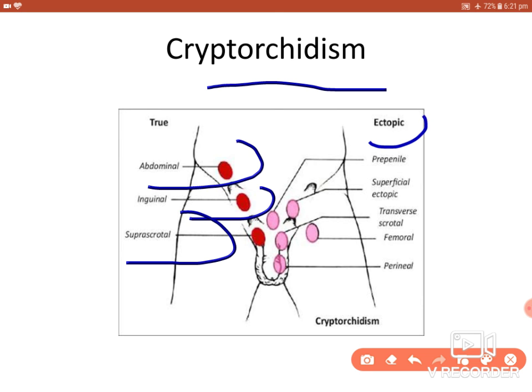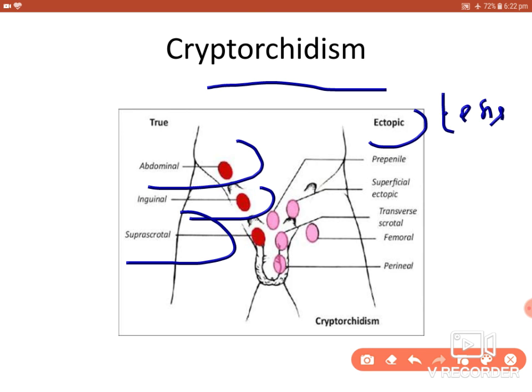It is different from the ectopic testis. The ectopic testis has taken a different pathway to descend. That is the normal pathway we know. In the previous figure, I explained the normal descent of the testis. So in ectopic testis, the testis has taken a different pathway and reaches an unusual position.